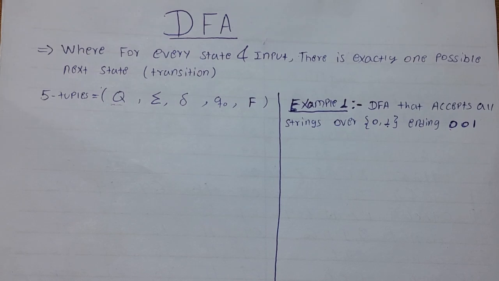In our previous lesson, we've defined finite automata and we've seen an overview of deterministic finite automata and non-deterministic finite automata. In today's video, we'll see how we can construct deterministic finite automata, and we will see an example.